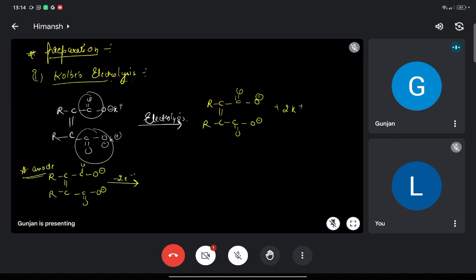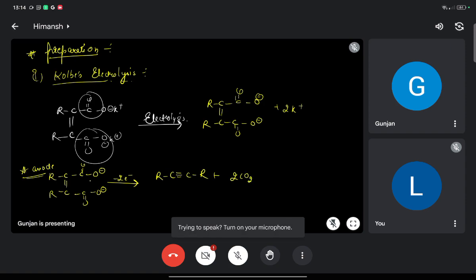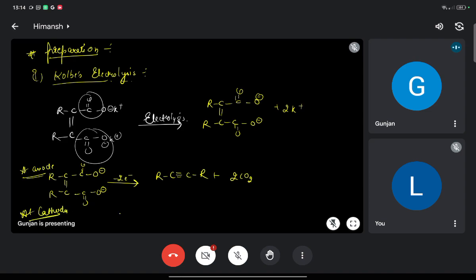So it will lose 2 electrons and convert to CO2, right? Like this. At the cathode, what will happen? H2O plus 2 electrons gives H2 and 2 OH minus. Got it or no? Yes ma'am, got it.